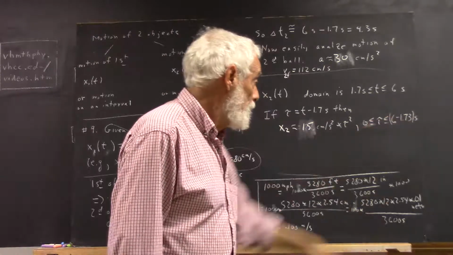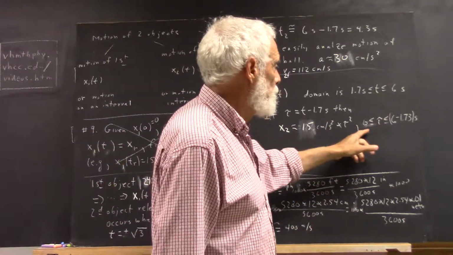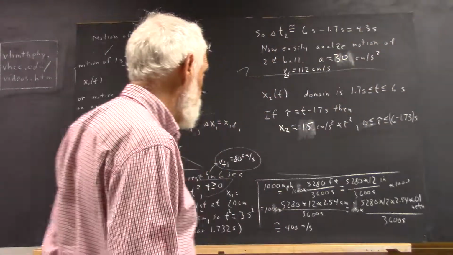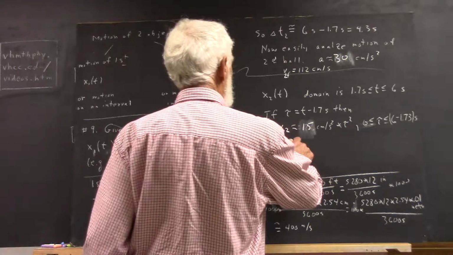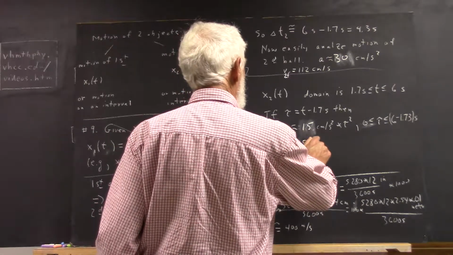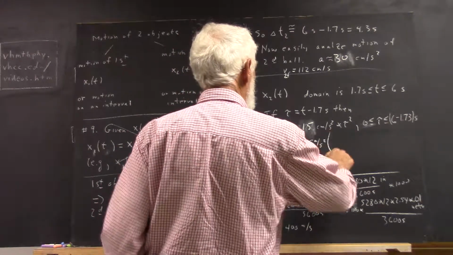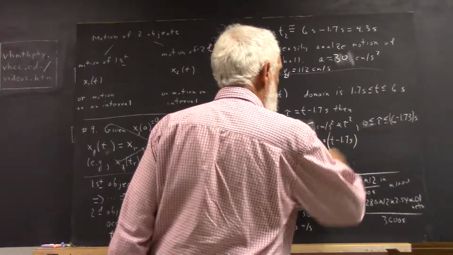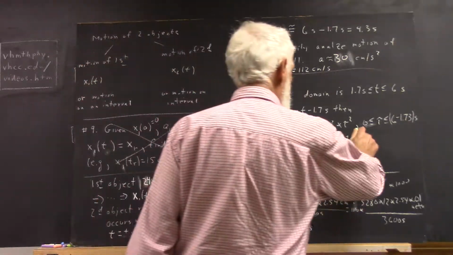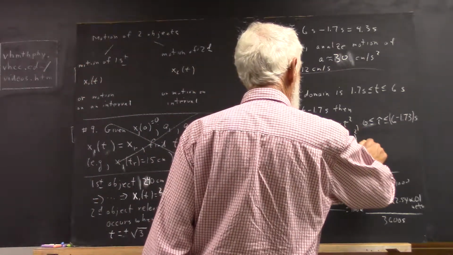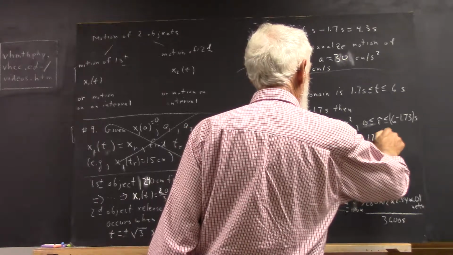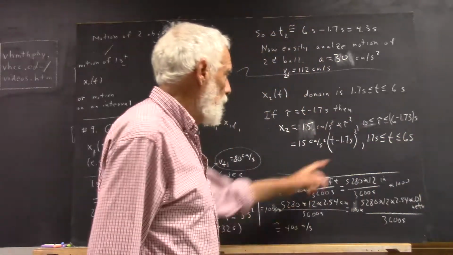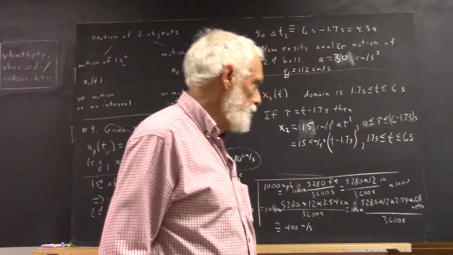So we have this, where tau goes from 0 to 6 minus 1.7, about 4.3 seconds. And this is equal to 15 centimeters per second squared times tau, which is t minus 1.7 seconds, squared. And now the domain is from t equals 1.7 seconds to 6 seconds.